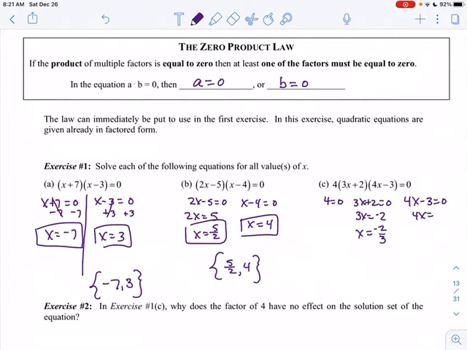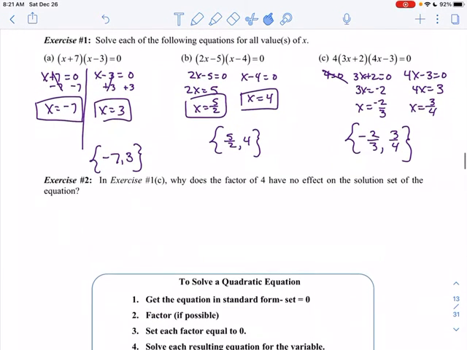Then I'm going to add 3 on this last one, bring the 3 over to the other side, so x equals 3/4. Since 4 doesn't equal 0, I'm just going to disregard that, and my answers are negative 2/3 and 3/4. All right, let's talk about that 4 equals 0 though.